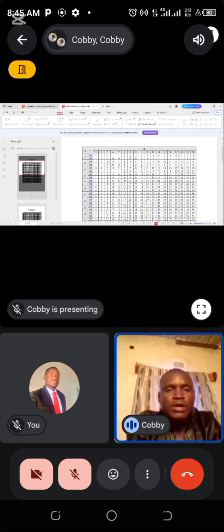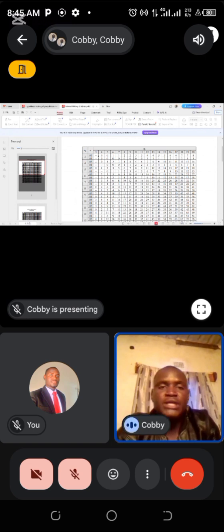So let's try to find these values. First you have to be careful. We have these alpha values that are given here. Where alpha value is 0.05, we're going to take this one. They have N1 this side and N2 this side, and the alpha value is 0.05.